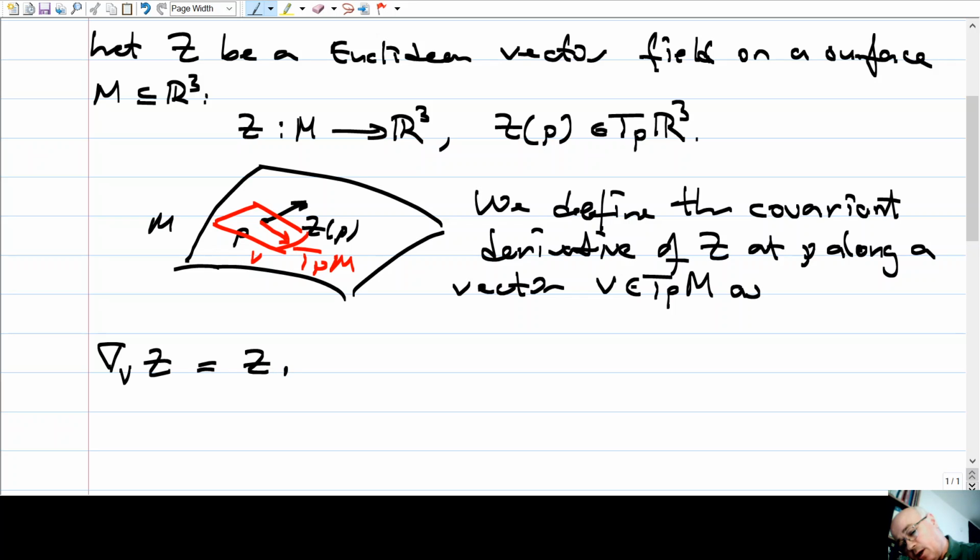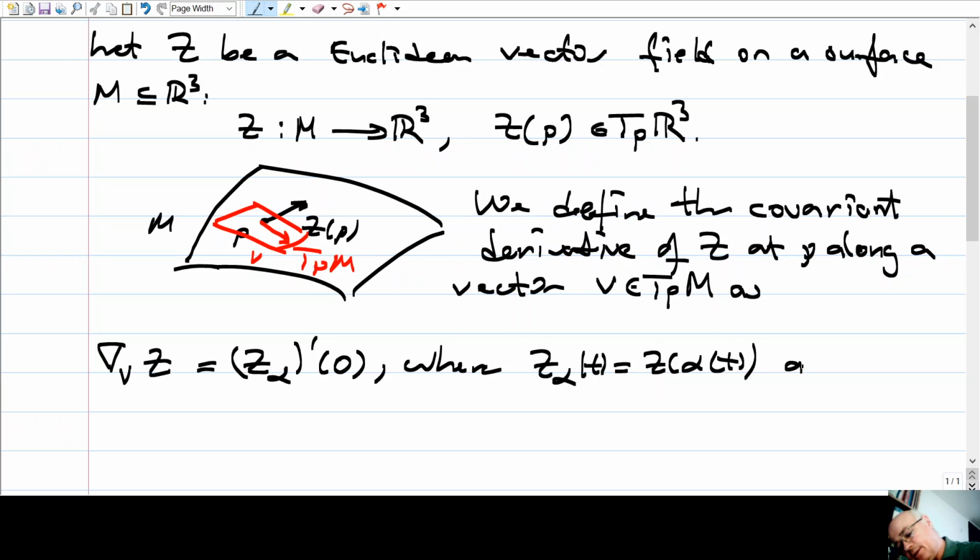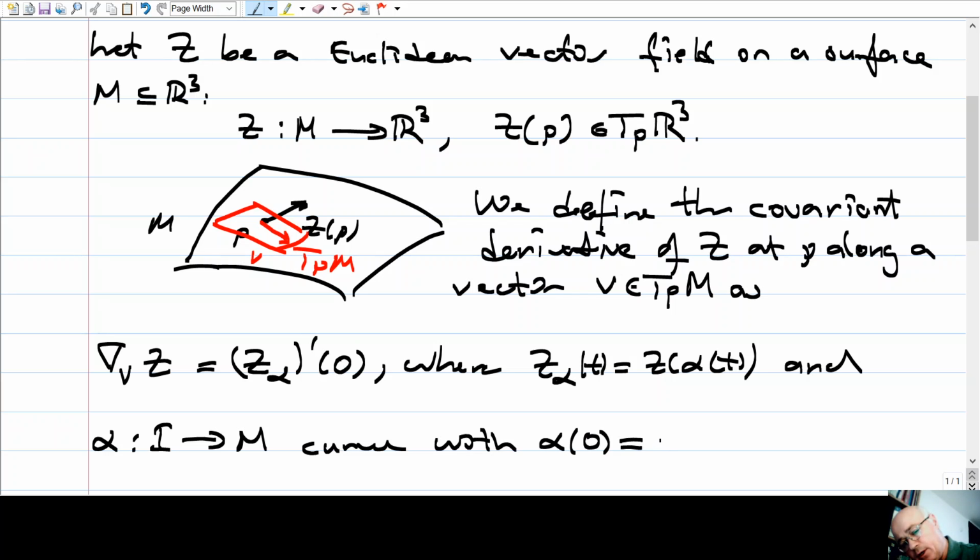This is just the derivative of Z alpha evaluated at 0, where Z alpha t is just actually Z of alpha t, and alpha is a smooth curve with the following properties. At 0, it is at the point P, and the velocity vector is just the vector v.